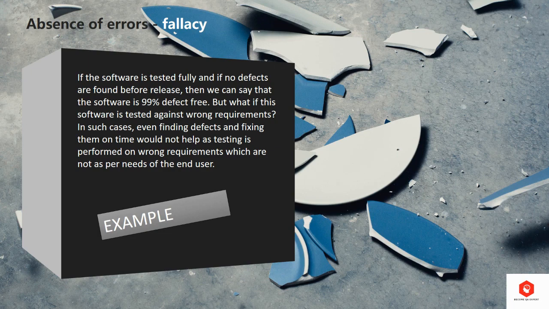So to solve this problem, we have to follow the principle that we already mentioned, and that is early testing. So if you have tested those requirements at the early stage when you got them, then you would maybe have more time to analyze them and to figure out what client needs.